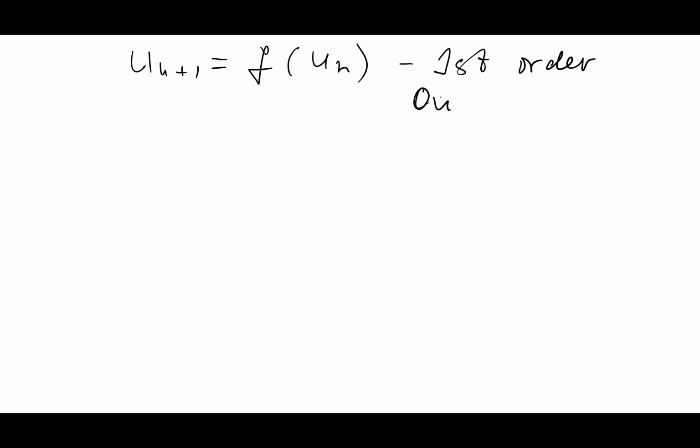So let's formulate it. We consider a map. Let's consider an autonomous map for now. Well, we will consider autonomous maps mostly in this course. So, first order autonomous map.